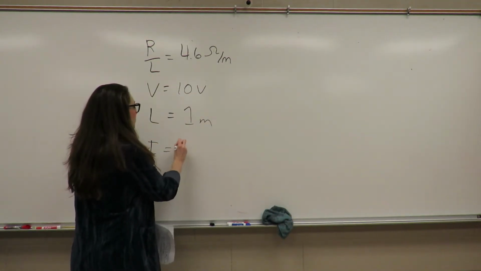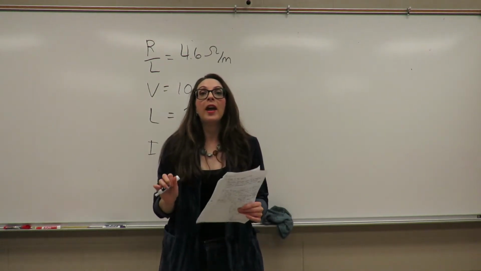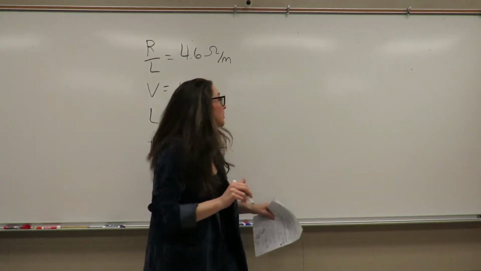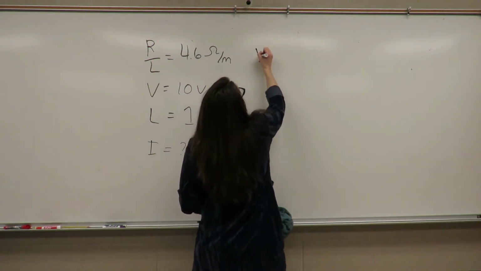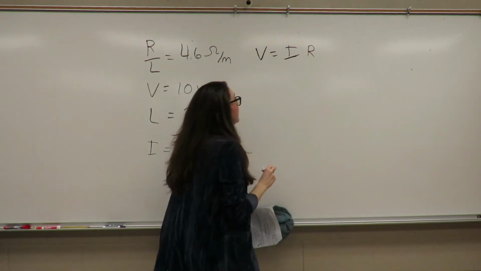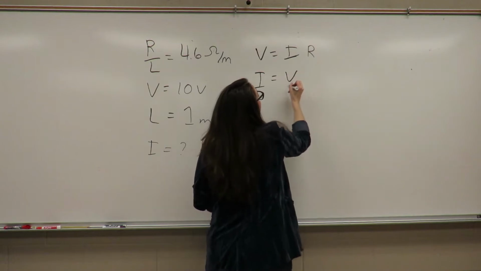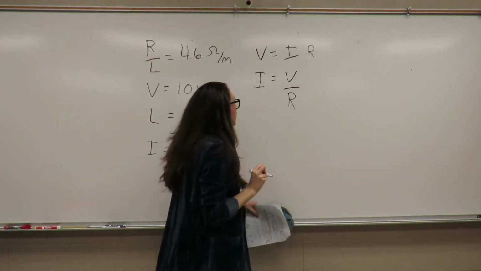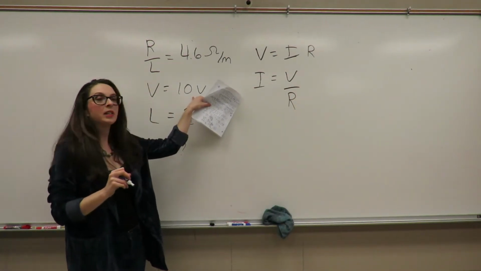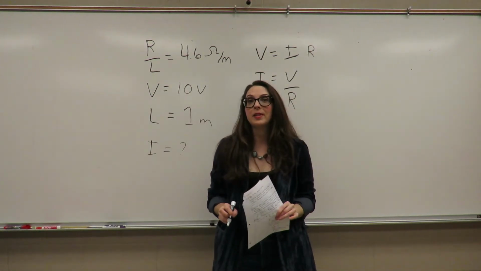So in order to solve this problem, we can use our handy equation for Ohm's law. Ohm's law says that our potential difference is equal to the current times the resistance. So I solve this equation for the current. Current is equal to V over the resistance. We already know what our potential difference is right here, 10 volts. We just need to get our resistance.